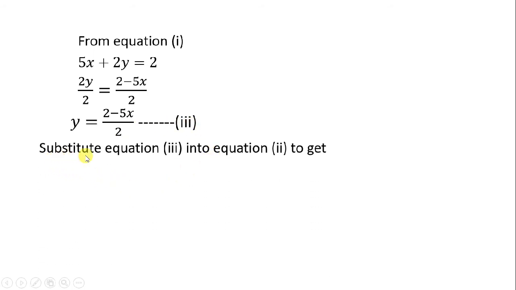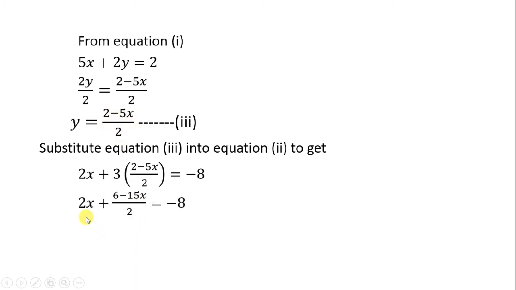What are we supposed to do? We'll substitute the equation we have formed into the equation we have not touched. So where there's y, we'll replace or substitute 2 minus 5x divided by what? By 2. Since our equation 2 was 2x plus 3y is equals to negative 8, where there's y, we'll replace this 2 minus 5x divided by 2.